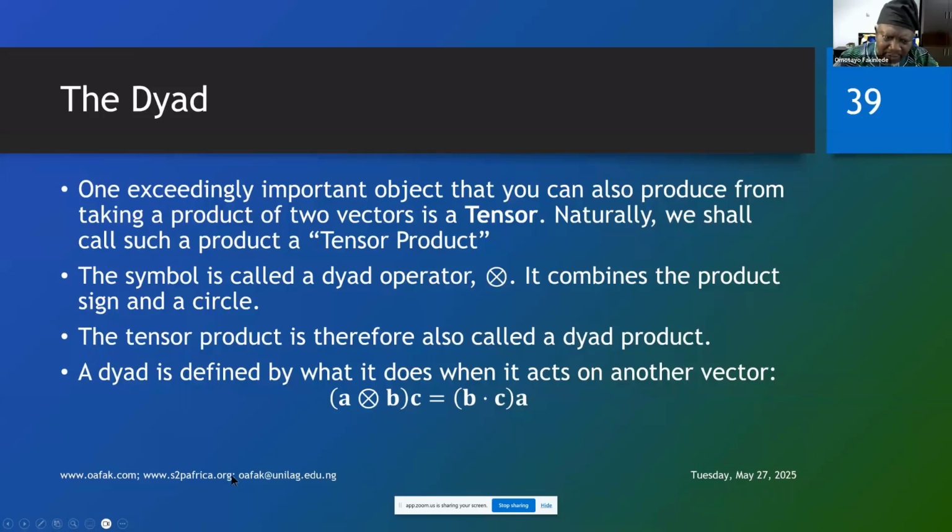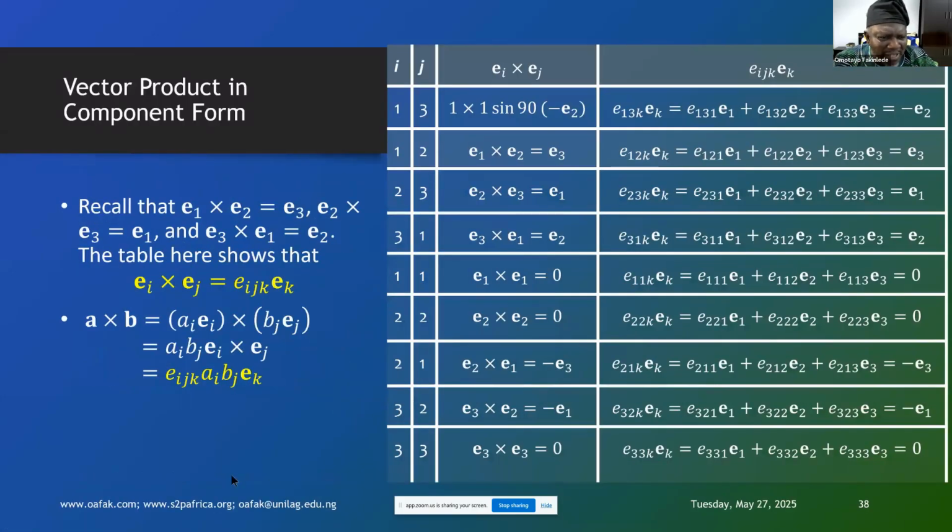Let me go back. You agree with me that there is only one equation, but with 3 triple summations, there will be 27 terms in that.